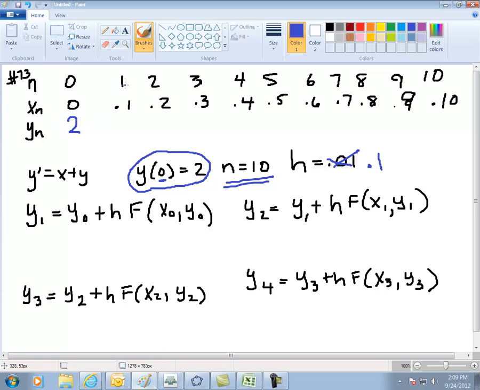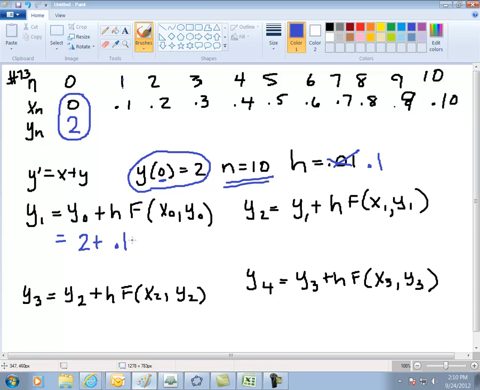But now when we calculate y sub 1, it's going to be equal to y sub 0, which we calculated to be 2, plus our step size, which is 0.1, times our derivative evaluated at x sub 0, y sub 0. So it's our derivative evaluated here, in other words, x being 0 plus y being 2.